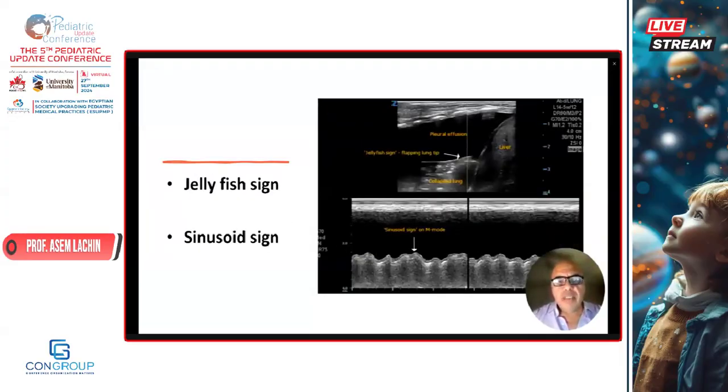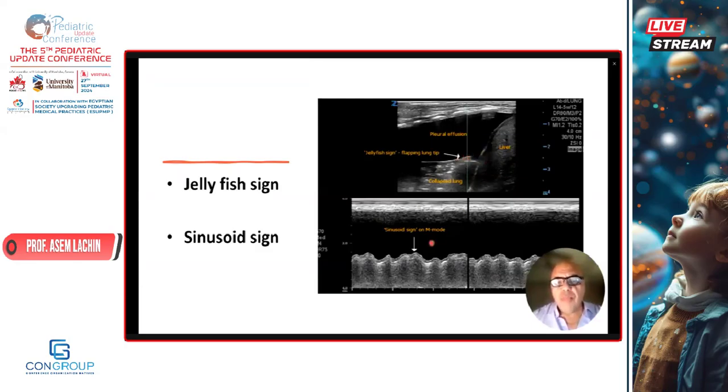Here are two very famous ultrasonographic signs of pleural effusion. The first one is called the jellyfish sign, which indicates this part of the atelectatic lung tissue moving in a fluid, looking like a jellyfish.